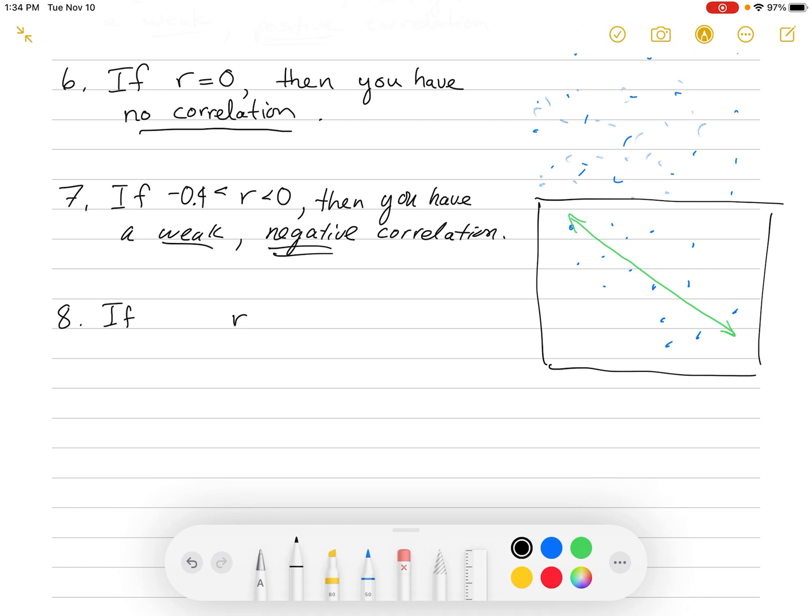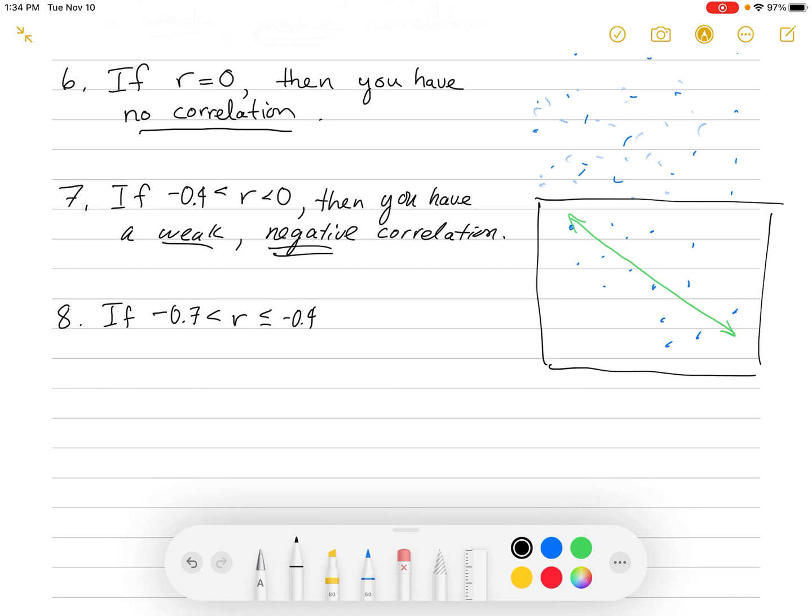If R is less than or equal to negative 0.4 and greater than negative 0.7, okay.